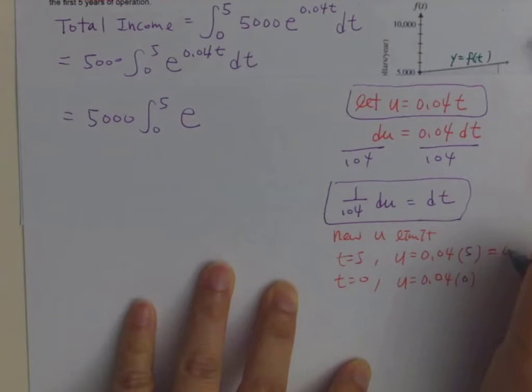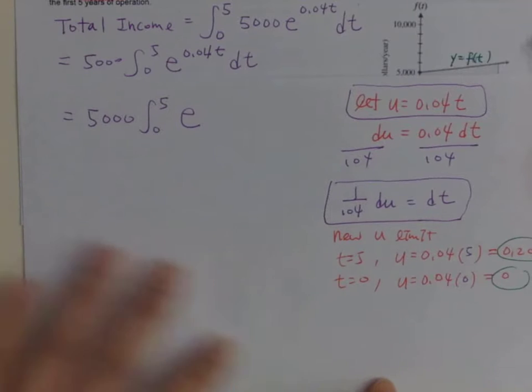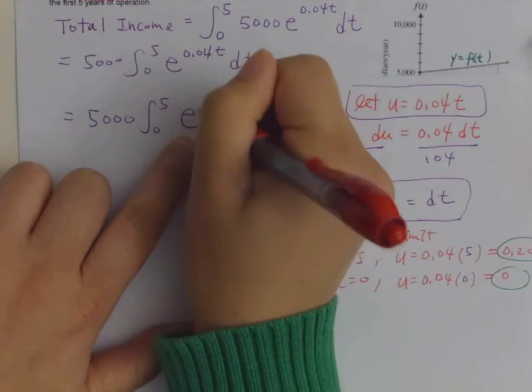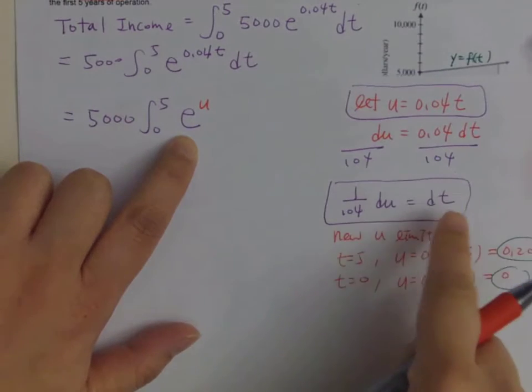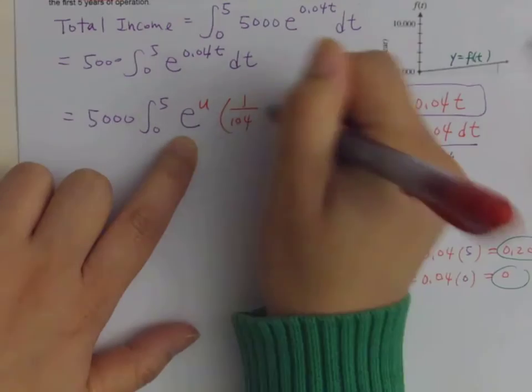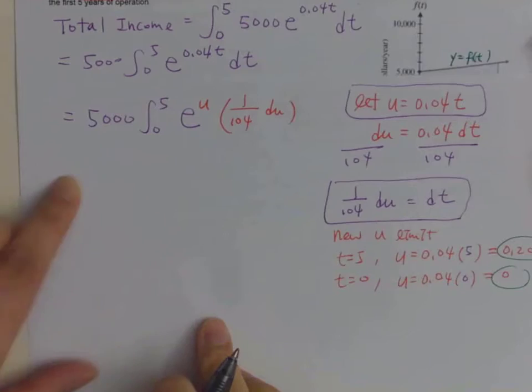The top one would be 0.20, and the bottom one would just be 0. Those are my new limits. Here my 0.04t is my u, and my dt is going to be 1 over 0.04 du. Okay, it's a mess.